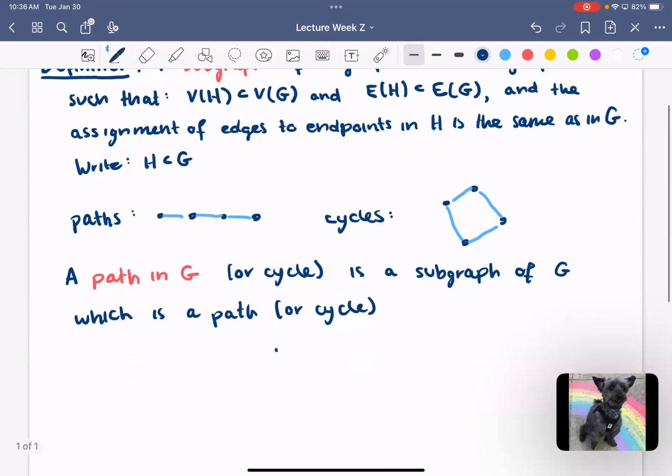So just to make it concrete, if we had this graph here, then a path in this might look like this red set of edges. Okay, so that's a subgraph that is a path. Are there questions so far?